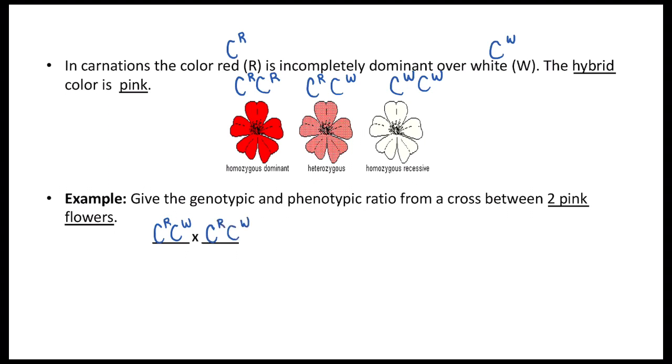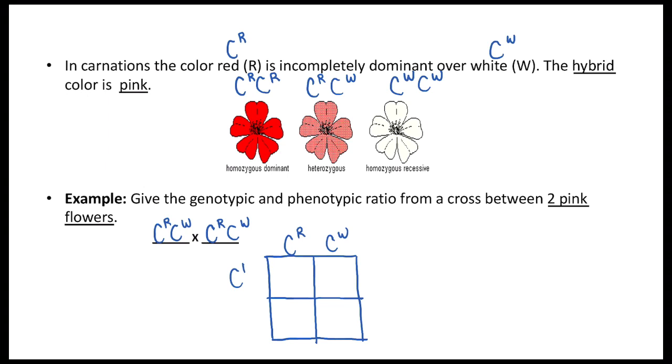So to start off, we're going to draw out our Punnett square. Okay, and then we'll write one parent is CR CW. The second is the same. So the first box is going to be CR from the top parent and CR from the side parent.